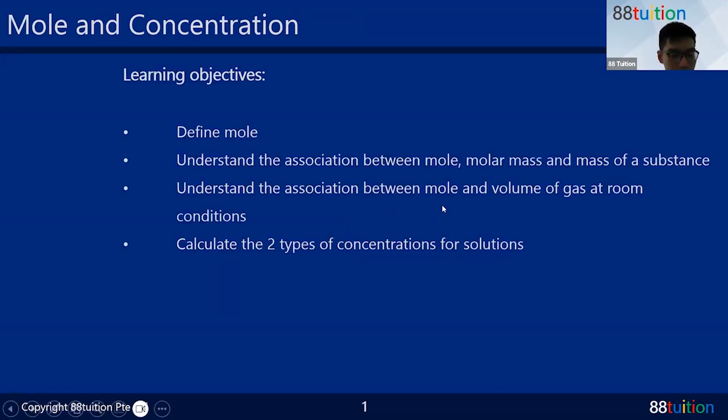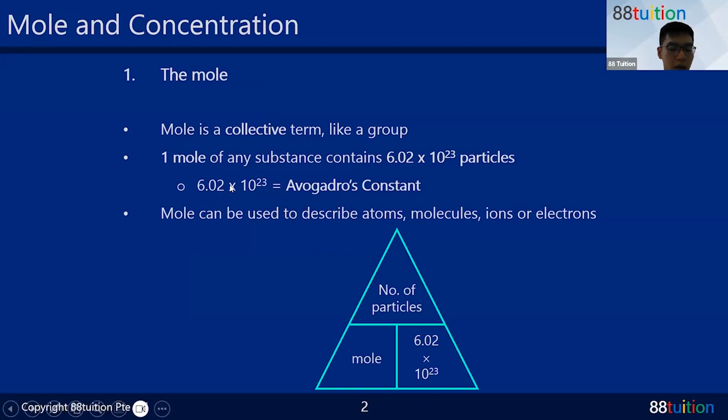Okay. So the learning objectives for this part is basically just to define what exactly is mole. Okay. And then basically use this idea to do calculations. Okay. So the mole, right, is basically like a collective term. It's like a group like that. Because you know that when we talk about the compounds, all those particles, let's say it's atoms or molecules, right?